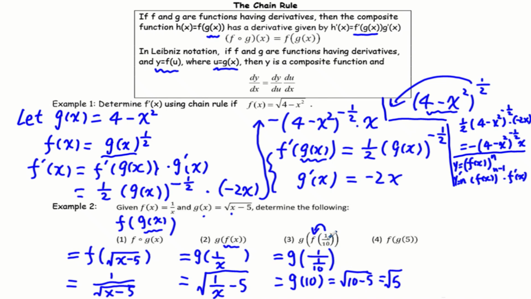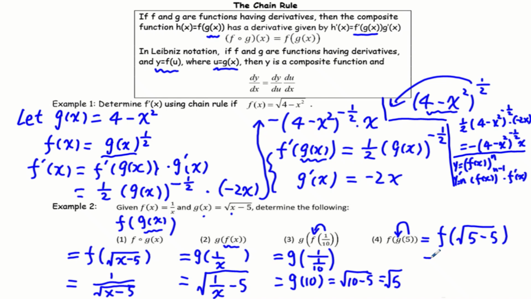So we just play with function notation. Inside first, input first, and find the output, then use the new output as the new input for the next function. So this one, f of g of 5: we sub 5 into function g. So equals f of, sub 5 into g of x, 5 minus 5.